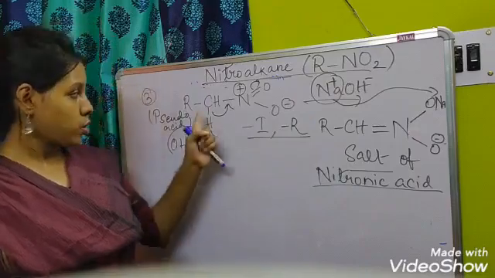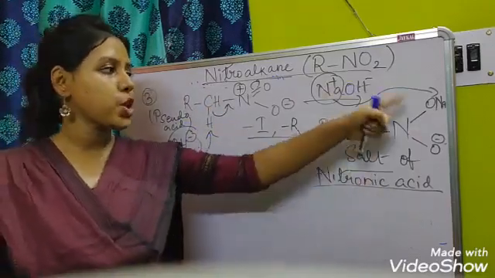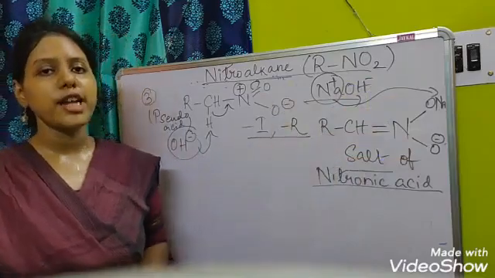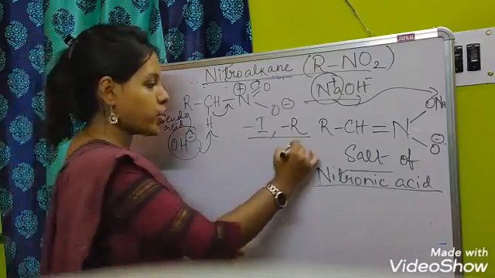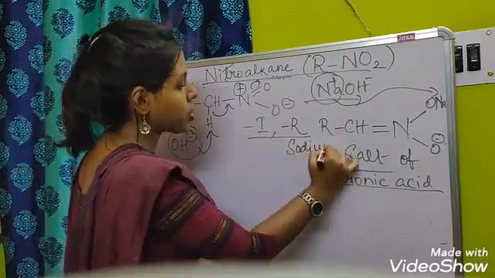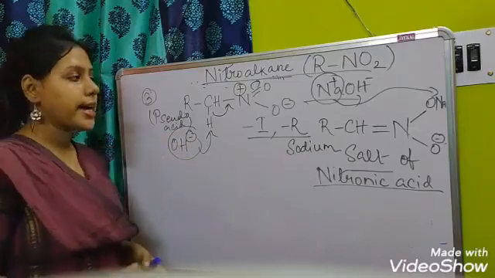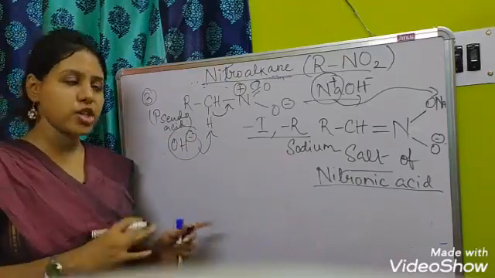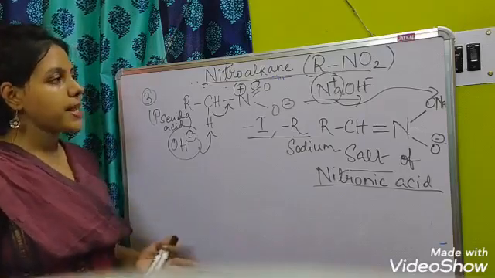The name of the pseudoacid is nitronic acid, and the salt that we get from nitronic acid is called the sodium salt of nitronic acid. So this is the acidic property of nitroalkane, and that's why whenever it reacts with NaOH, it makes a salt. Clear? Okay. So the next reaction.